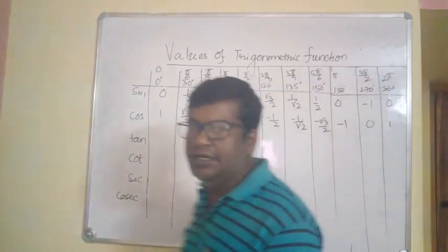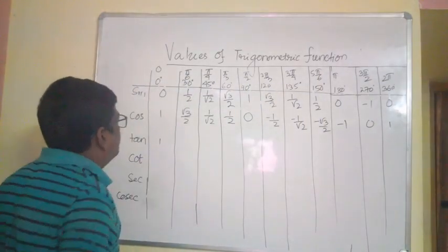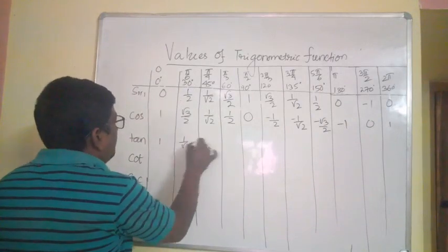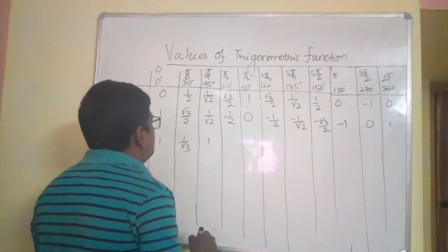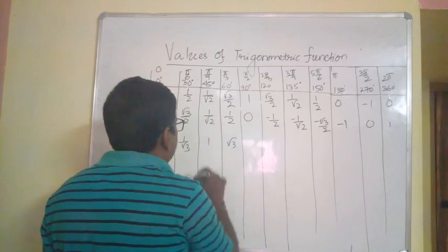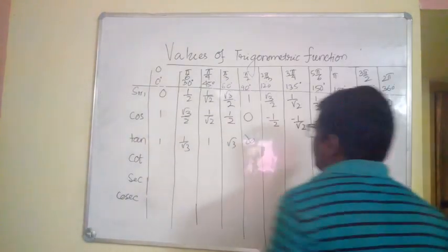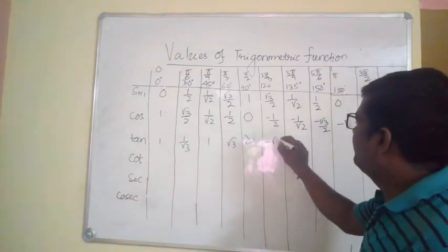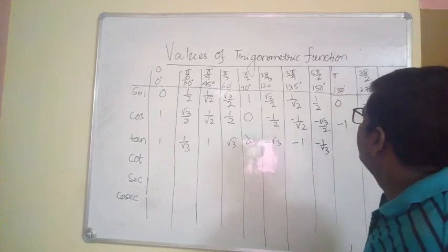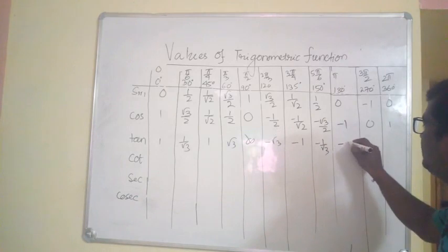Again tan means sin by cos: 0 by 1 is 0, 1 by 2 by root 3 by 2, that is 1 by root 3, and this is 1, and this is root 3 by 2 by 1 by 2, this is root 3, tan 90 infinity, and this is minus root 3, and this is minus 1 by root 3, and tan 90. What is tan 90?